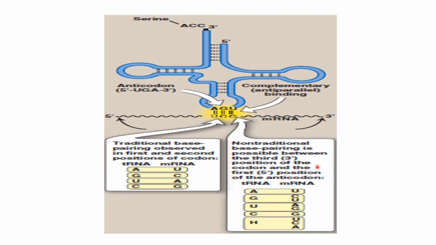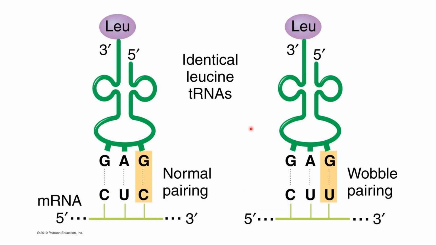The benefit of this non-traditional and less stringent base pairing is that it can recognize more than one codon. And how does this base pairing occur?